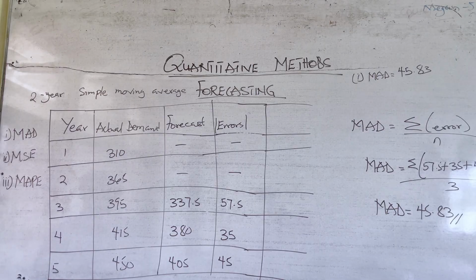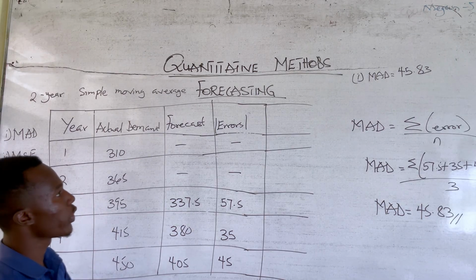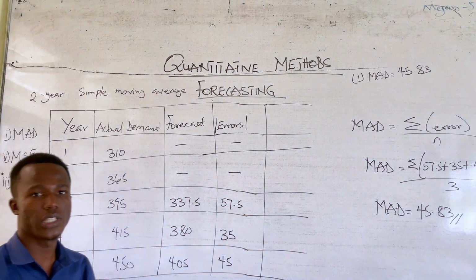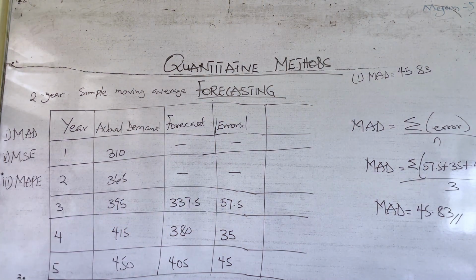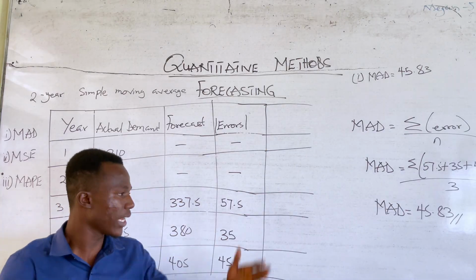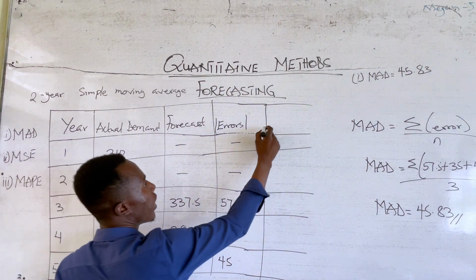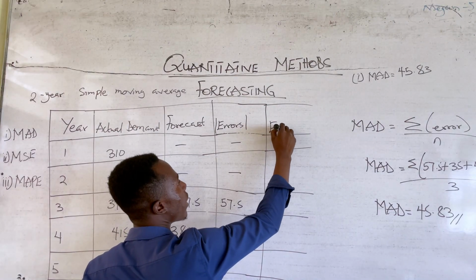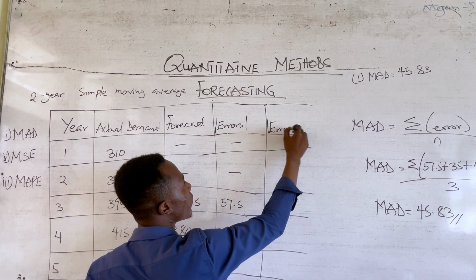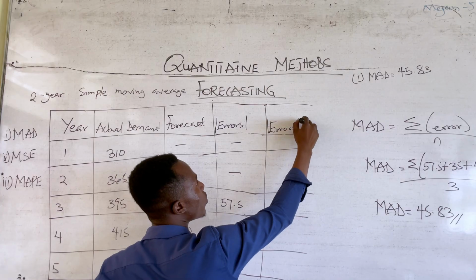Now let's move on to the second question. The second question is what? Mean squared error. But we are already having the errors on our table here, right? So all that we need to do is to square the errors, then we proceed to calculate the mean, right? So now let me write errors squared.